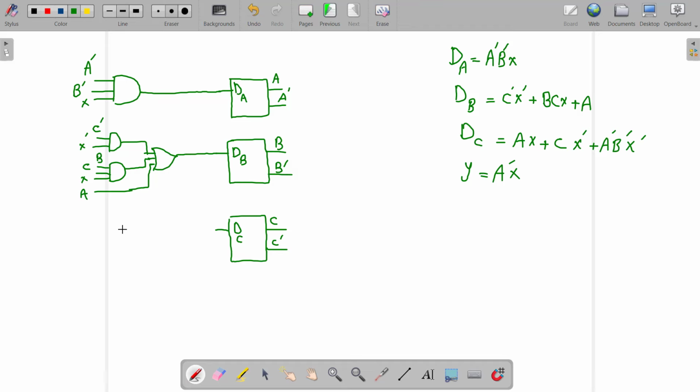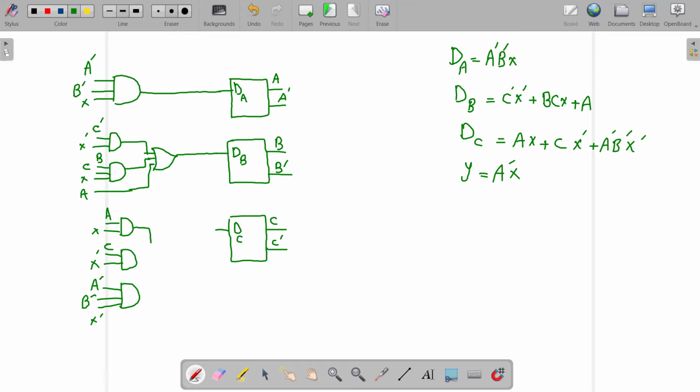For the case of the DC, we have AX, CX prime, and A prime, B prime, X prime.